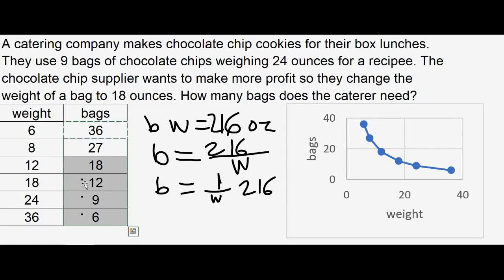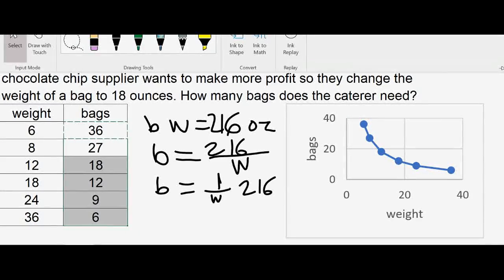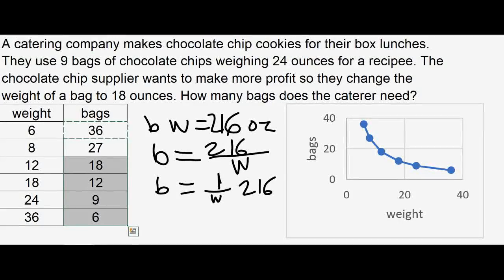But you will notice, if you look at the graph, that as the weight per bag increases, so if I increase the weight per bag, then I decrease the number of bags.